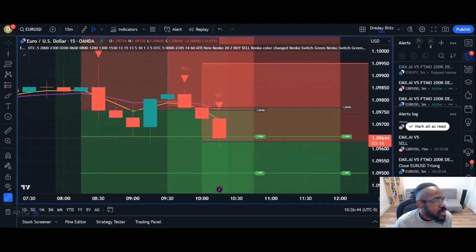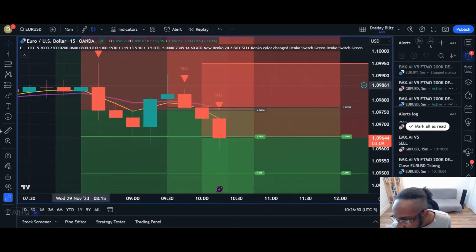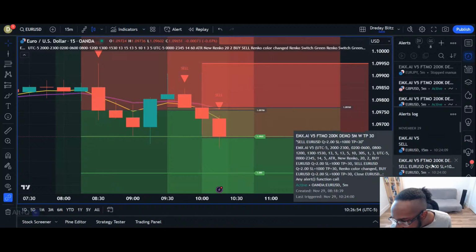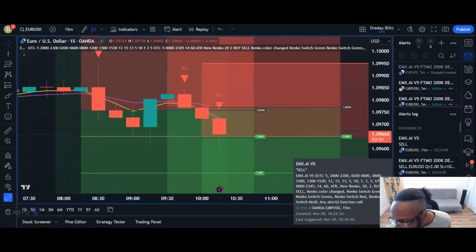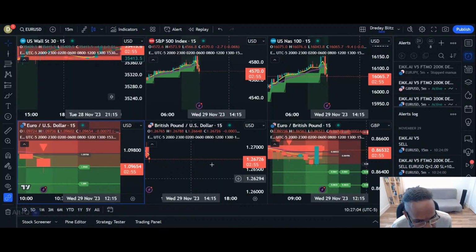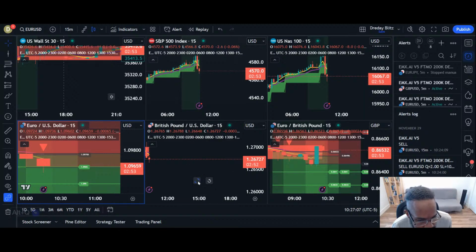So yeah, that's Euro USD. I think we received something else afterwards, right? Yeah, sell Euro USD, sell Euro USD. That's for my automation, and sell GBP USD. Got it, GBP USD.